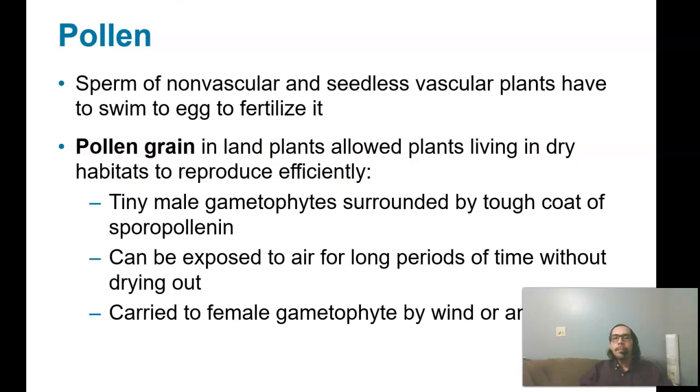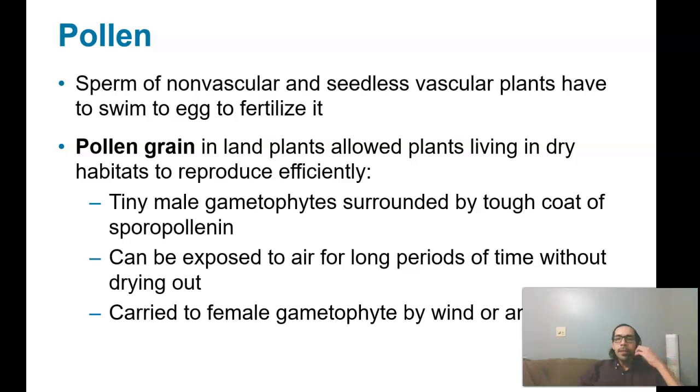So pollen. Now talking about pollen, the sperm of non-vascular plants and seedless plants have to swim to fertilize the egg. That's why they need to be near water or in moist environments throughout their lives. The pollen grain in land plants allows them to live in dry habitats, because it allows them to reproduce.